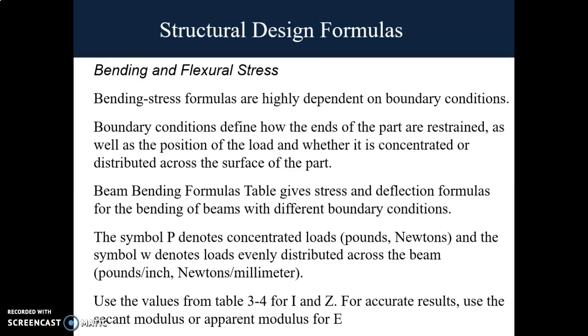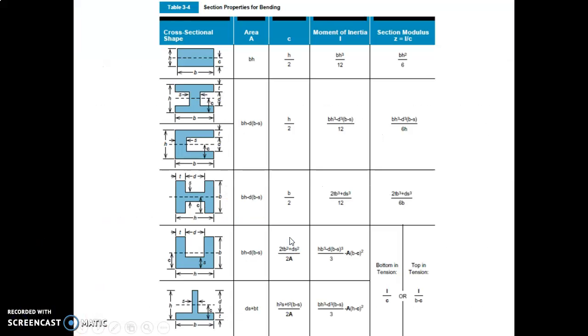So bending stress formulas are highly dependent on boundary condition. Macam dekat dalam table tadi, dekat table sini kalau kita tengok formula for the cross sectional area, distance from the neutral plane to the outer surface in tension C, the moment of inertia I, and the section modulus Z. Okay, various cross sections.